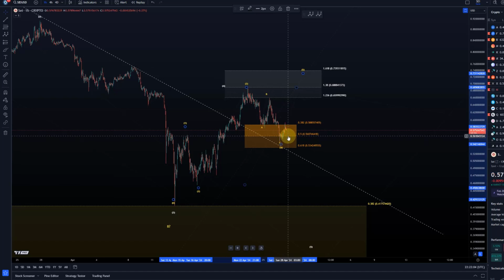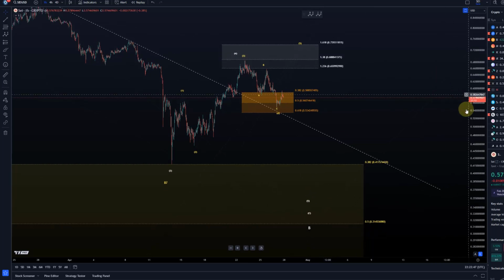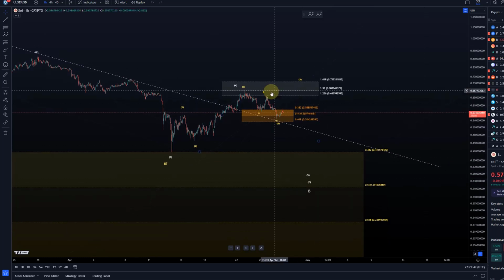In a diagonal, it shouldn't break below the 61.8. It hasn't broken it, but it's very close to breaking. So I'm watching for one more high. Yeah, and a break below 53.4 cents indicates that the 4th wave has actually topped, and we're coming down in the 5th wave to form one more low. But then it might be worth watching, because the next low could be the last one.